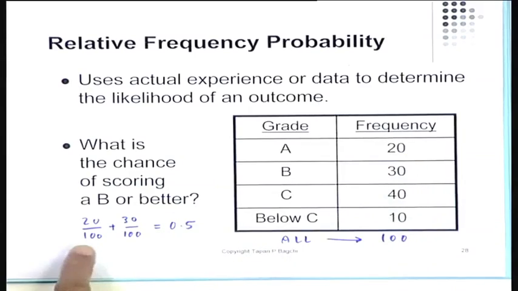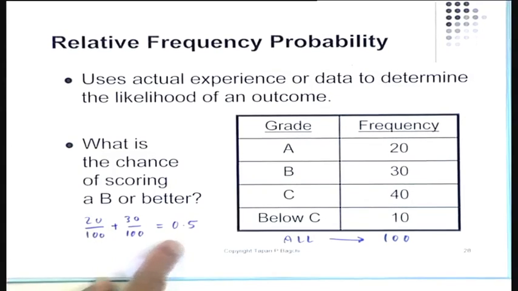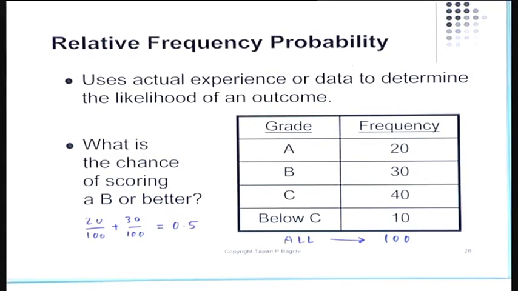So 20% score A, 30% score B. Overall, 50% or 0.5 is the probability of a randomly picked student to have scored B or better.